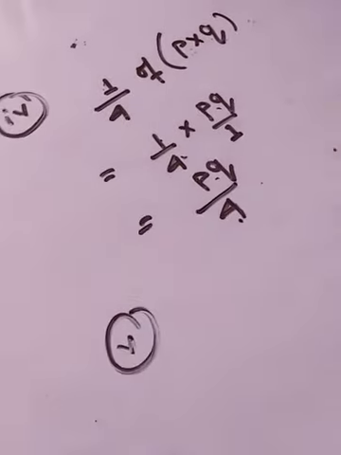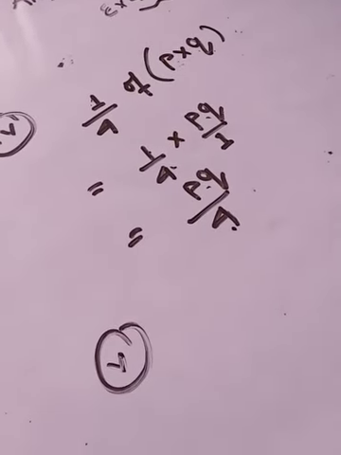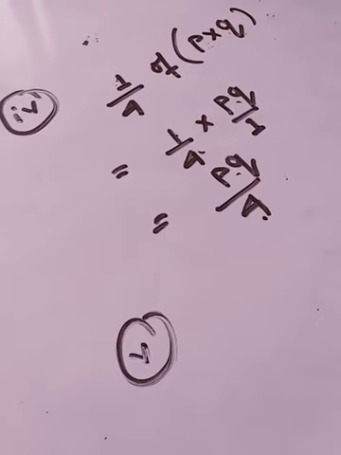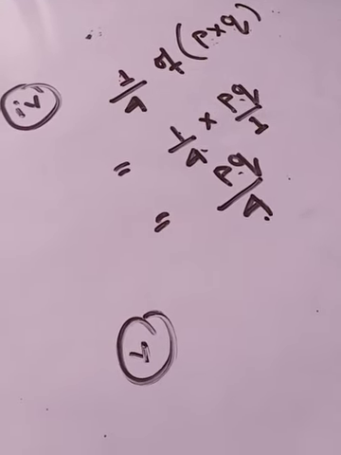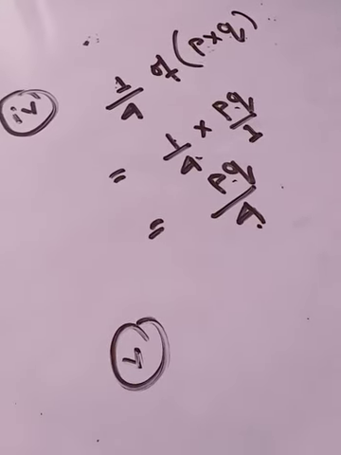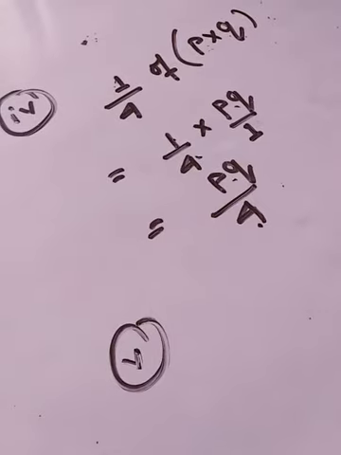Question number 6. Number 5 added to 3 times the product of the numbers m and n.